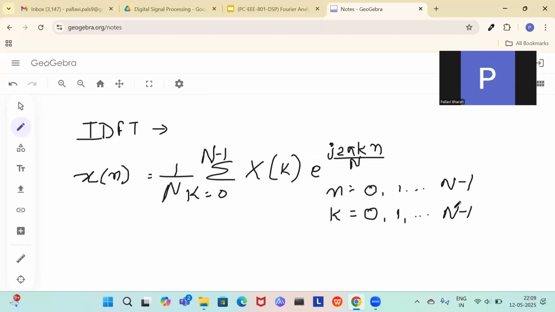So this is happening in both cases. The k and n vary from 0 to N minus 1.